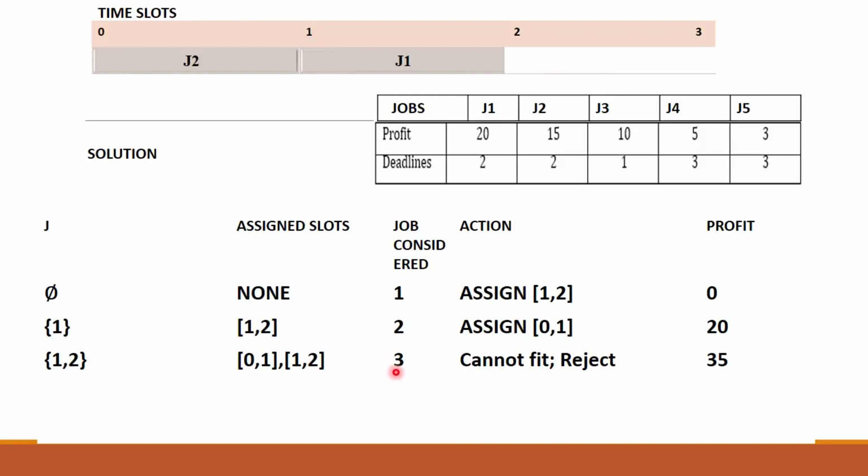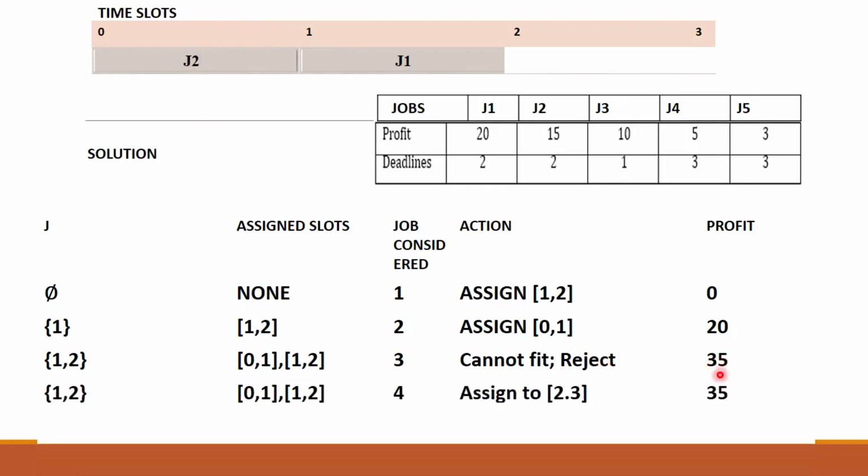Coming to this column, the next job considered is job 3. What's its deadline? 1. Can I fit it before 1? No, there is no free time slot before 1, so you cannot fit it, you have to reject it, and for the time being the profit is 35.